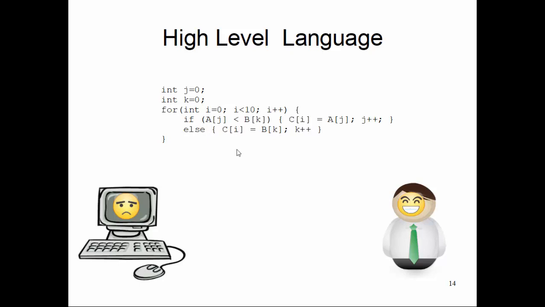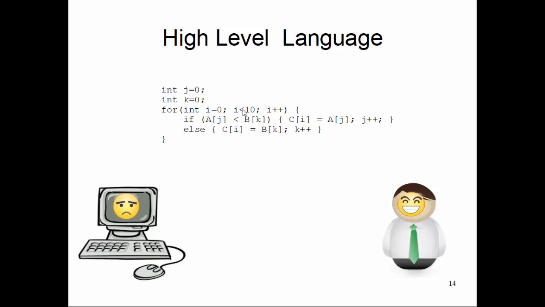We understand pretty much what it is doing. If you are familiar with the merge sort algorithm, it is a part of this. We are picking up the smaller element from two sorted arrays and putting it in another array. So this is a program we understand.